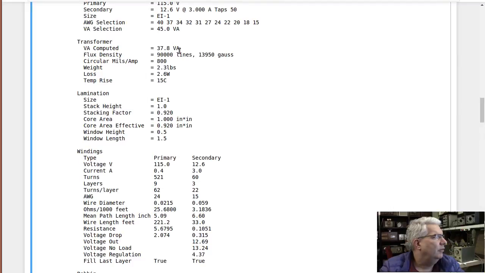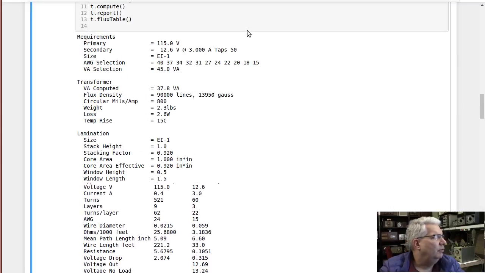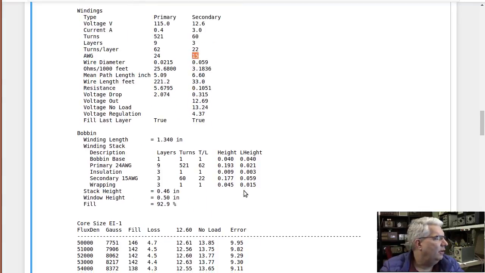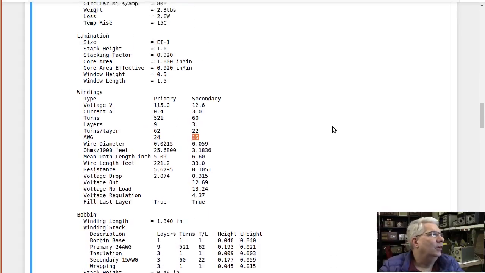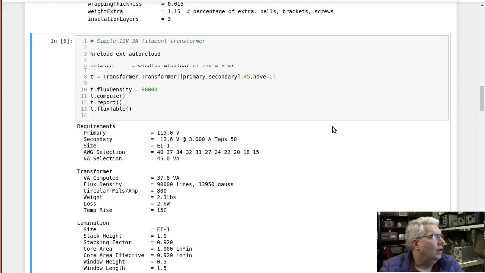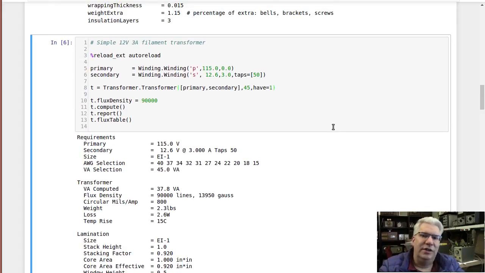And you can see down below here, when it was forced to do that, what ended up happening was it picked 24 gauge wire, which is bigger, and 15 gauge wire, which is bigger. And now our fill window went up to 92%. Okay. So now what do we do? We can go in and change that circular mils per amp, which will force us to pick smaller gauge wire, which results in a higher temperature change.